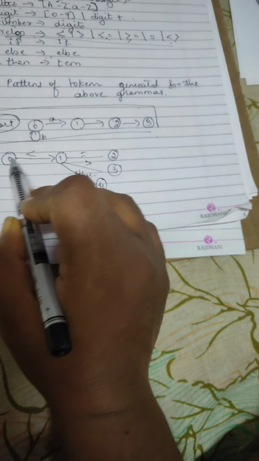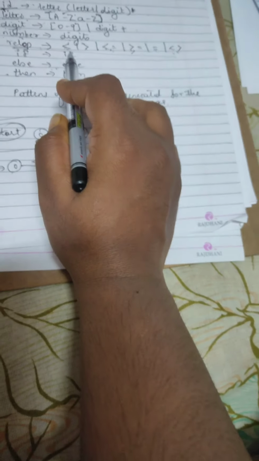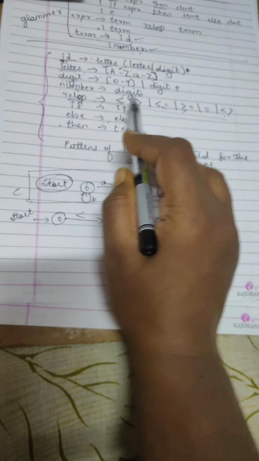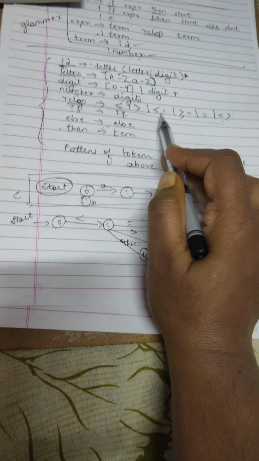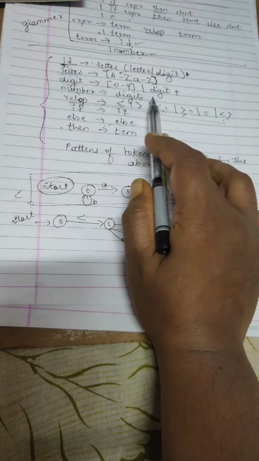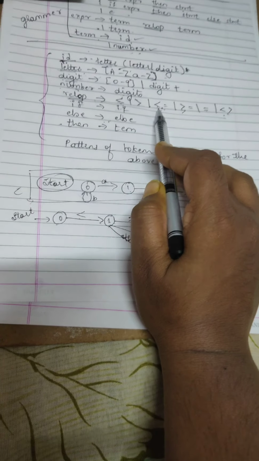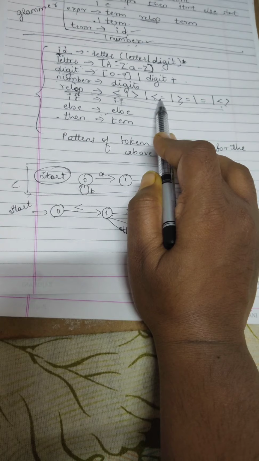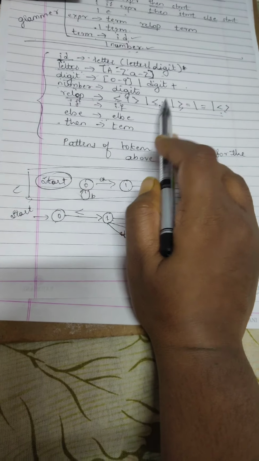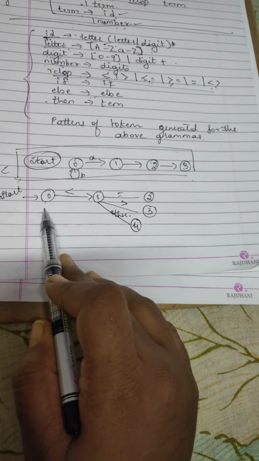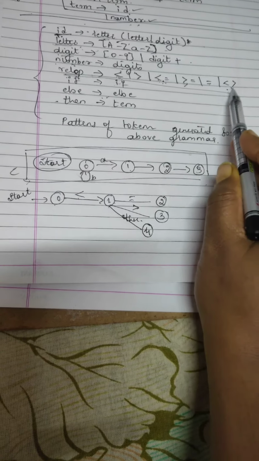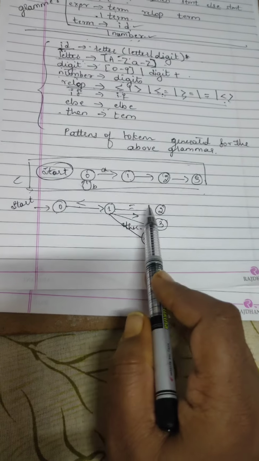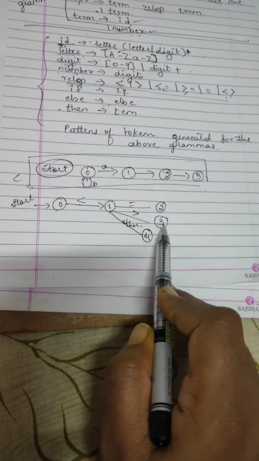It has repeated itself only twice. By using 0 to 1 I have come to the state less than. Again it repeated itself in less than, equal to and in condition code. If it identifies less than, then it has to check whether it has repeated with equal to or not. If it has repeated, it should move in the transition diagram from state 1 to 2. If it is identified with another greater than symbol, then it has to move from state 1 to state 3.